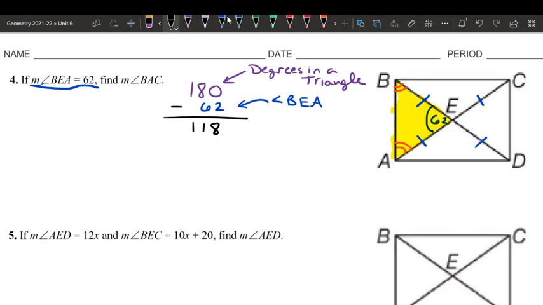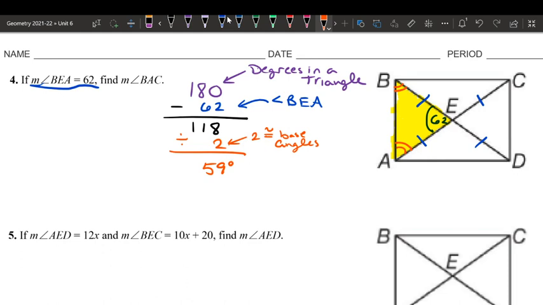All right, so now I have 118 degrees left in the triangle, and I have two angles that are the same. So I'm going to divide by 2 so that they're equal. All right, and then 118 divided by 2 gives me 59 degrees.